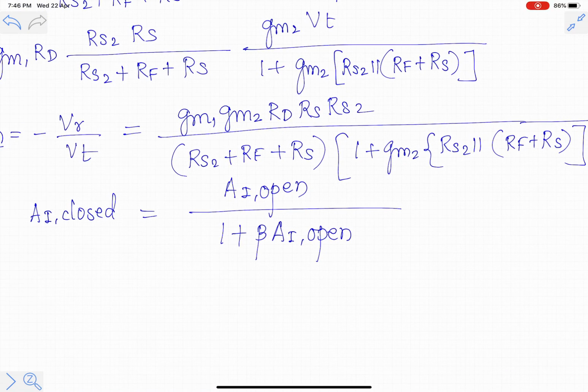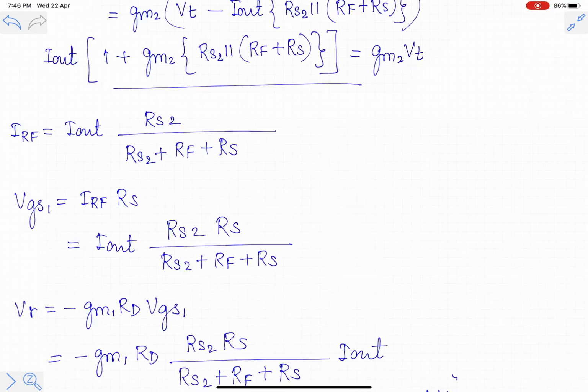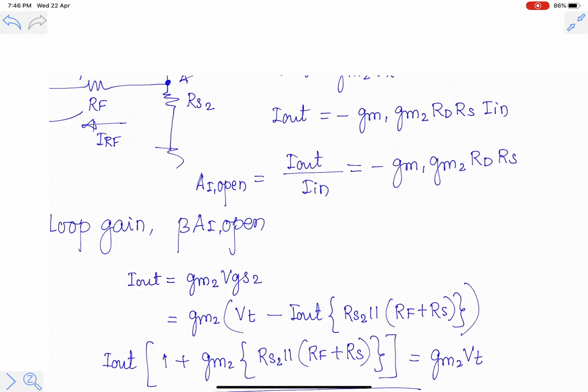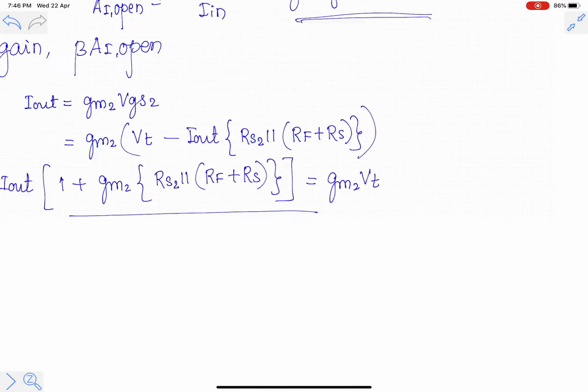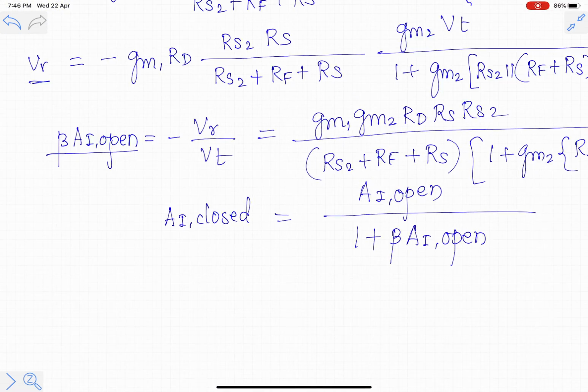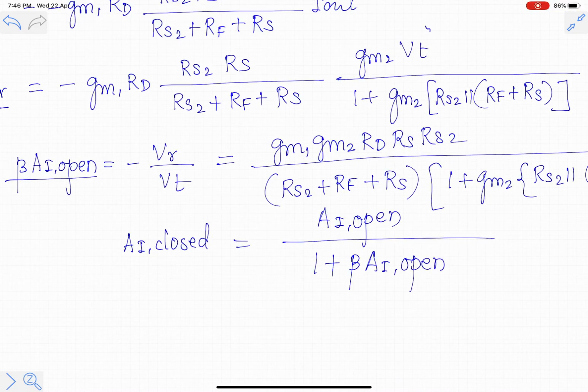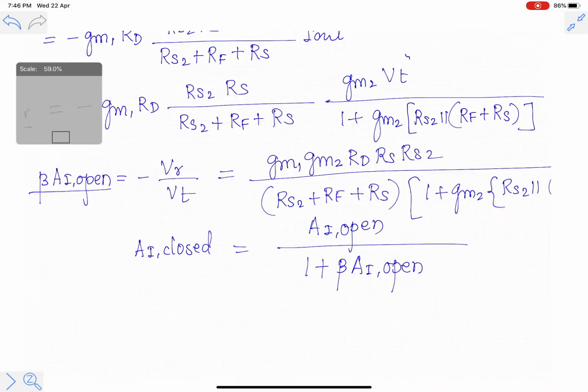AI open has already been obtained, and is given here. So we have to substitute the values to get AI closed. This is in the case of an ideal network.